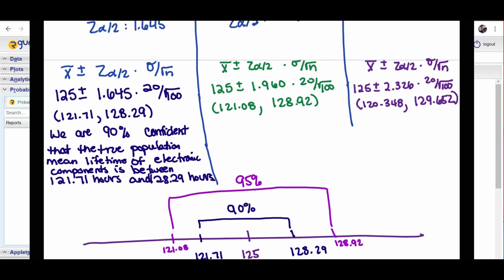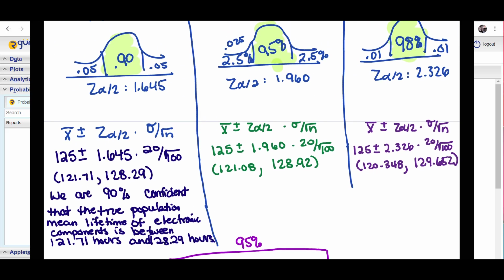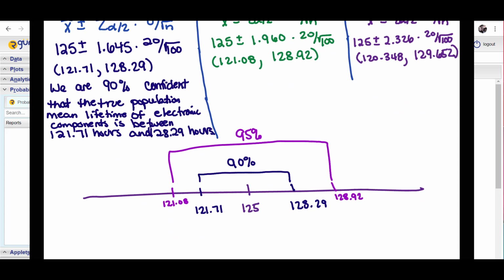And let's look at what happens when we went up to 98%. It went to 120.348 up to 129.652. So it got even wider.